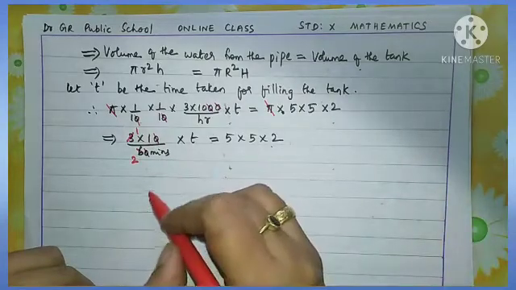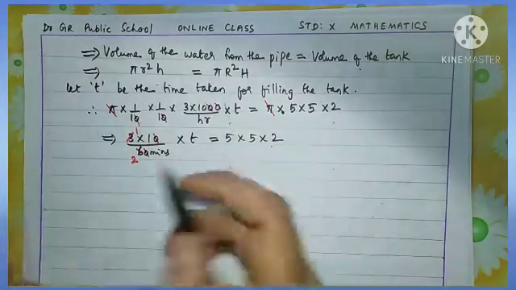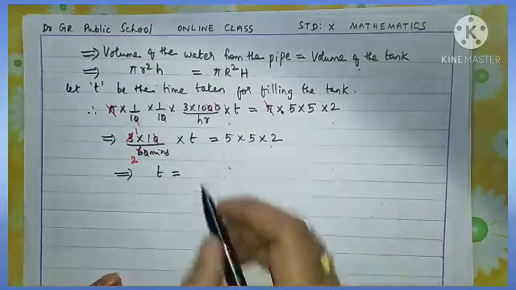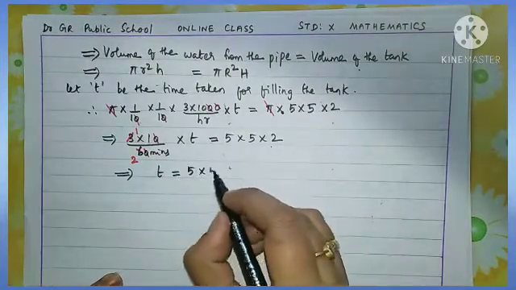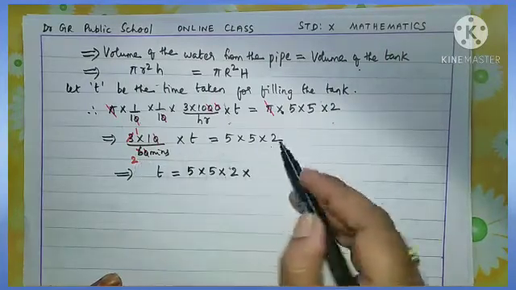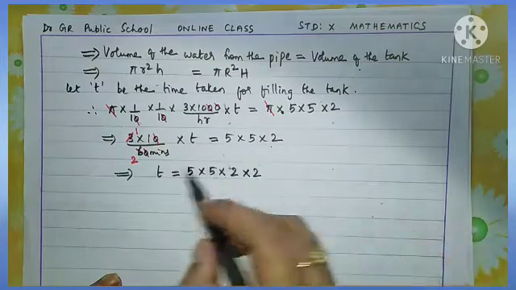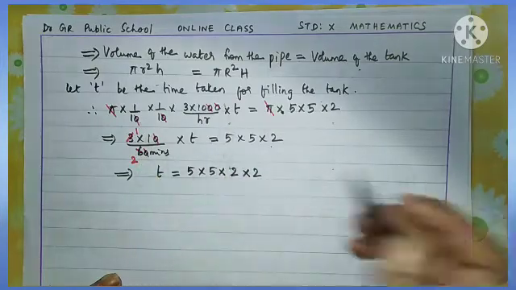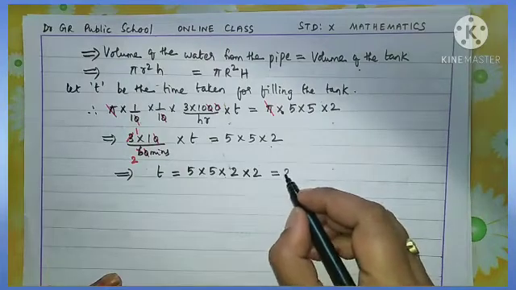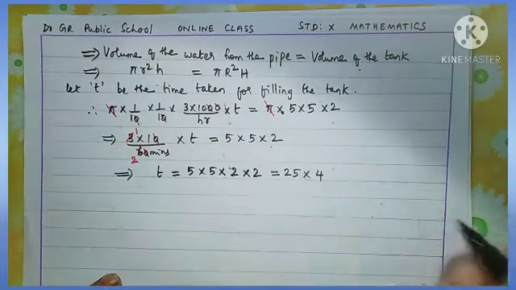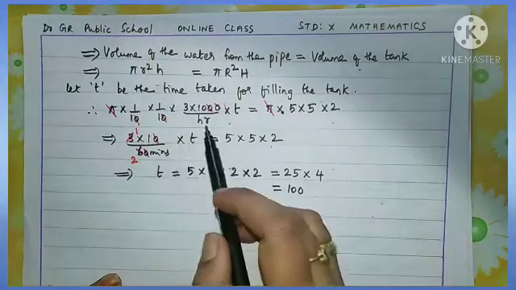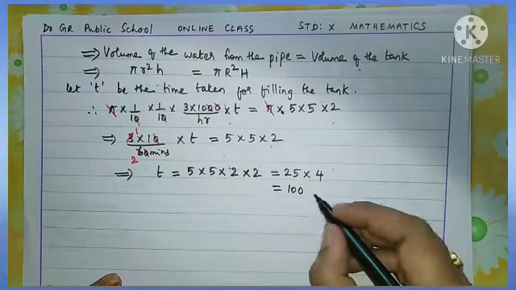Okay, now the remaining quantities we can transpose. This implies t equals 5 into 5 into 2 into 2, this 2 will go to the numerator, no other numbers. So what is 5 into 5 into 2 into 2? 25 into 4. What is 25 into 4? 100. Because we converted into minutes, this time is in minutes.